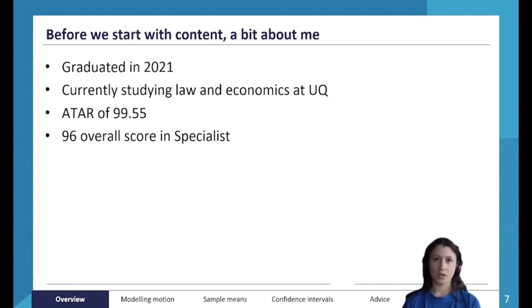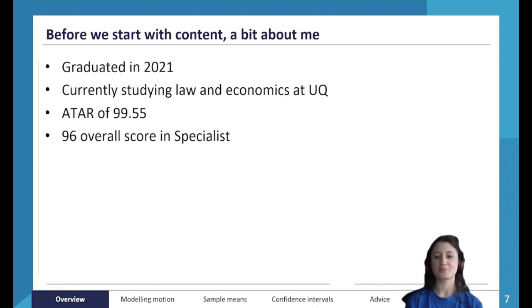And then in the external, I lost 3 marks. But to be completely honest, that is kind of to be expected. The reason that I lost those 3 marks in the external was primarily because I dismissed some of the syllabus dot points, to be perfectly honest with you.